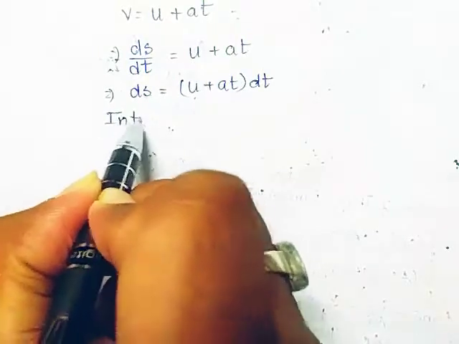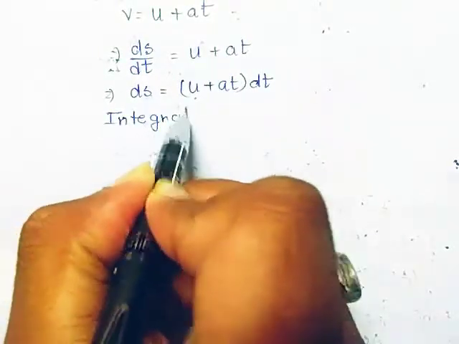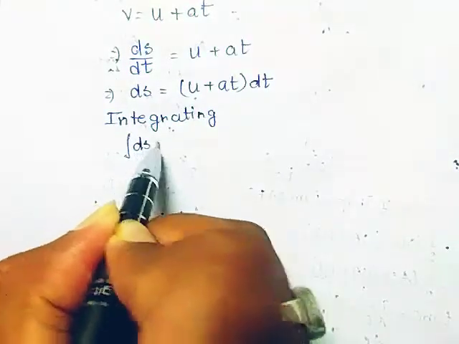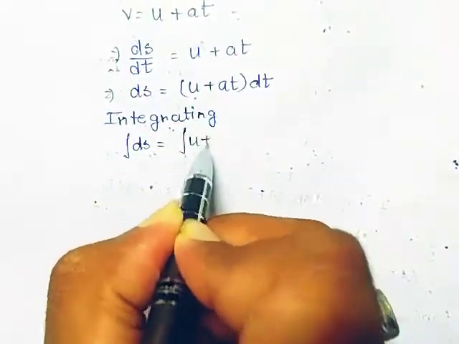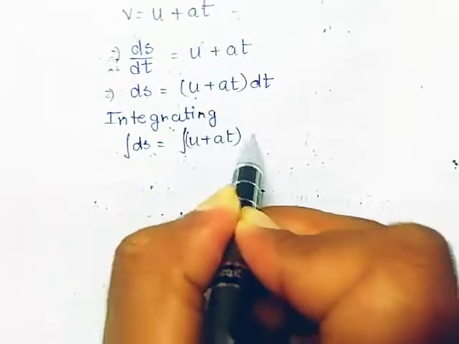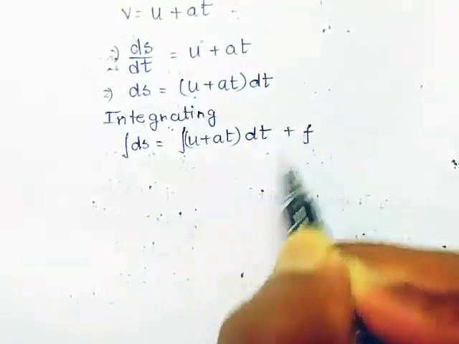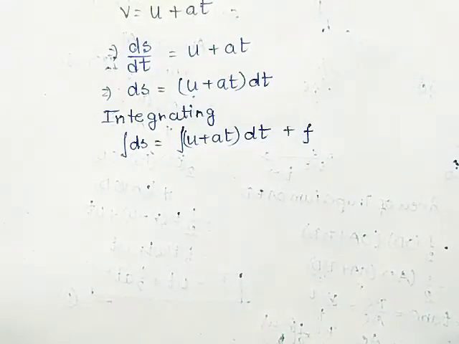Integrating, we get integration of ds equal to integration of u plus at into dt, and there is an integration constant we consider, a small f, the constant of integration.